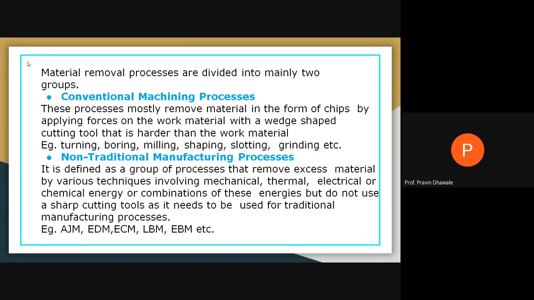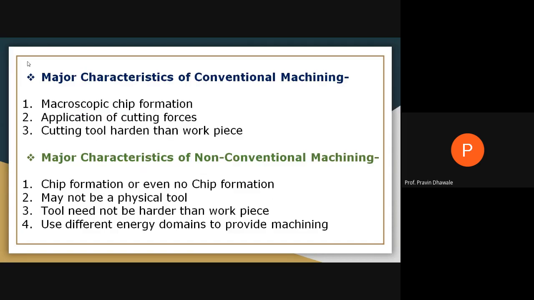But they do not require a sharp edge cutting tool to remove the material from the workpiece, which was used in traditional machining processes. Which are those machining processes? They include abrasive jet machining, that is AJM, electric discharge machining, EDM, LBM, that is laser beam machining, and electron beam machining.